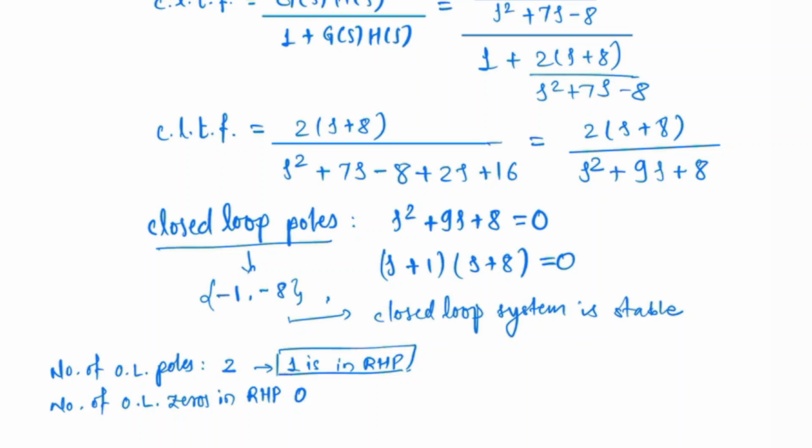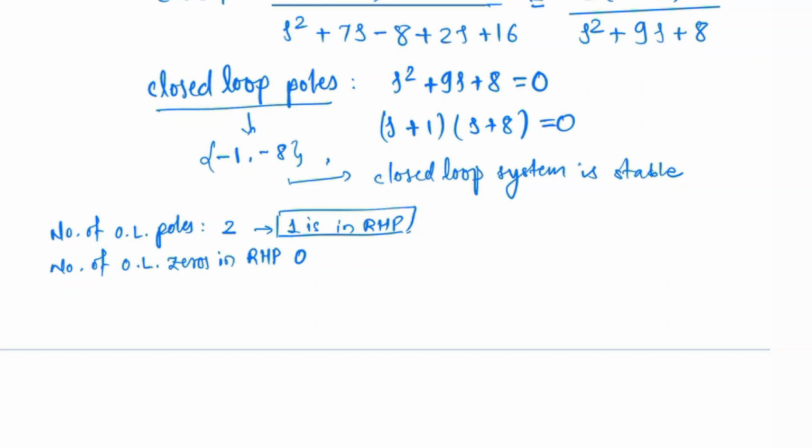So it is in LHP. So NC, that is number of zeros minus number of poles in RHP, that would be 0 minus 1 equals minus 1. So the Nyquist contour would encircle the point minus 1 once in the counterclockwise direction.